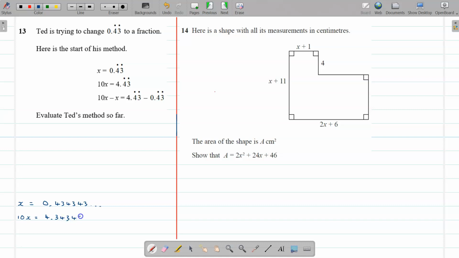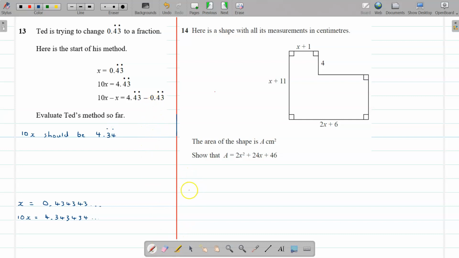So he's got his 4.3 the wrong way round. So all you need to say is 10x should be 4.34 recurring. And that's only one mark, so that's all you need to say for that mark.